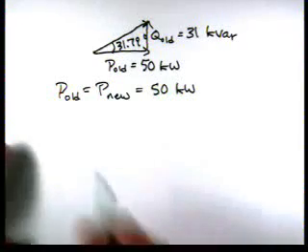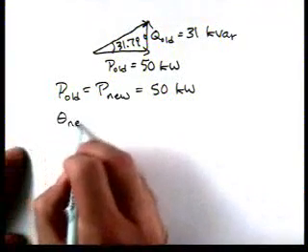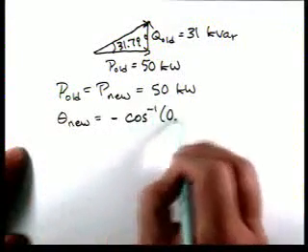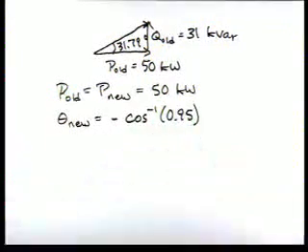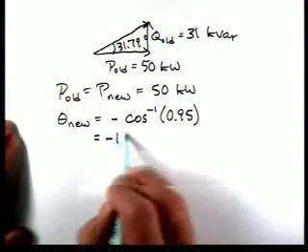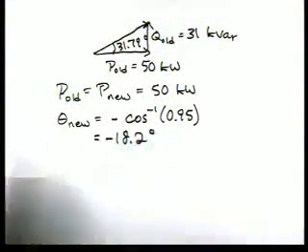And theta new we should get from the new power factor. It's going to be minus the cosine inverse of 0.95. Now, we're asked to correct the power factor to 0.95 leading, and since it's leading, the angle's negative, so theta new is minus 18.2 degrees.